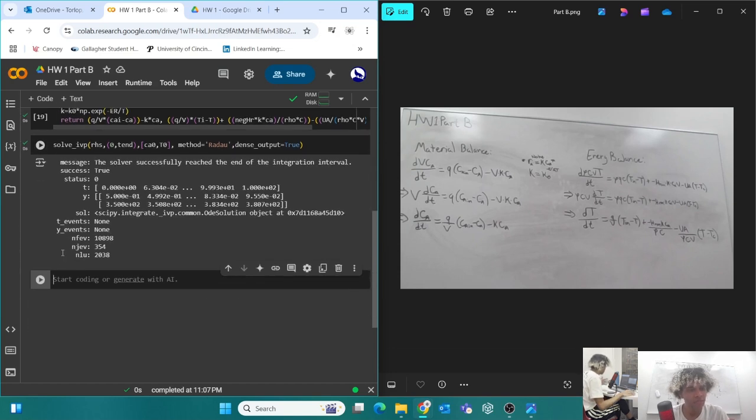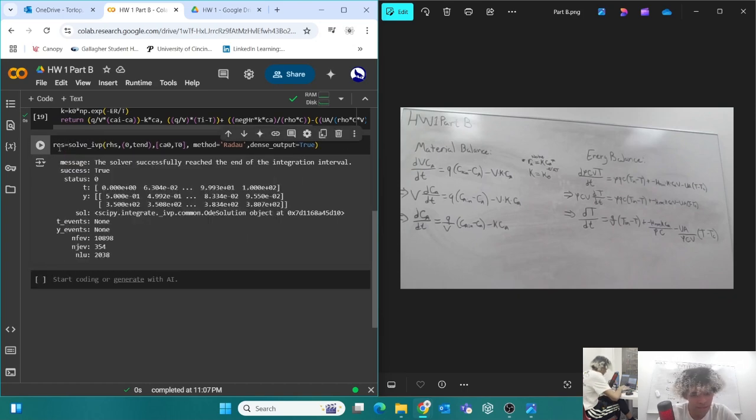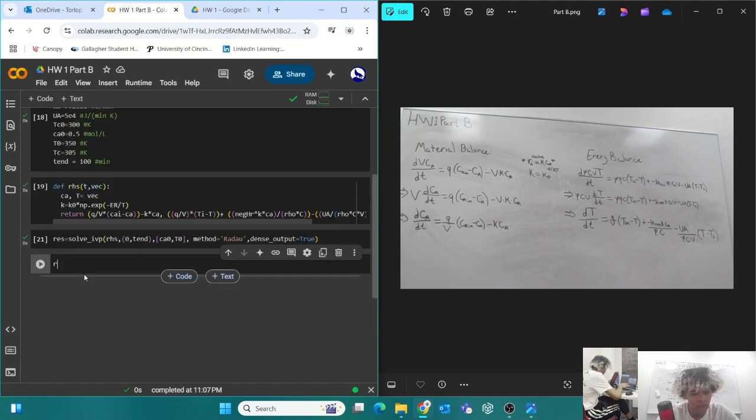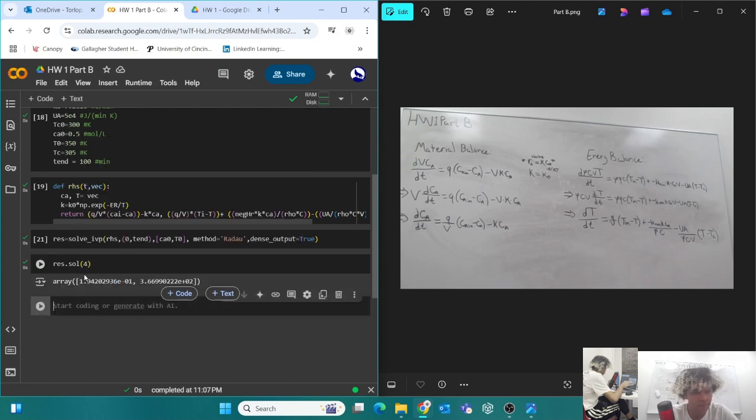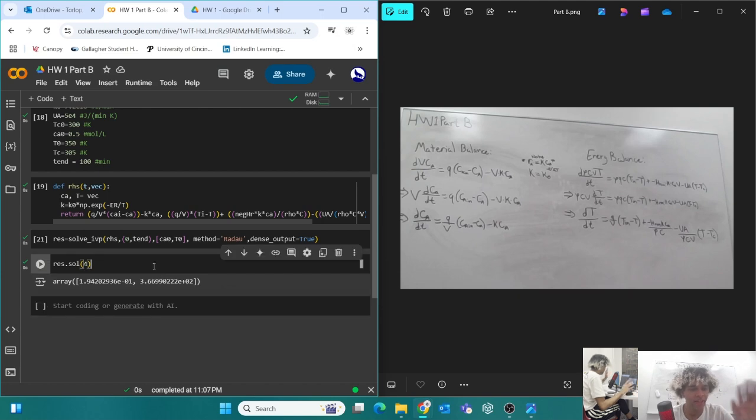And again, just like before, we could look and see, let me set this equal to res. There we go. And then we could do a random time like 4 seconds, and then we get what the concentration is and what the temperature is at that value.